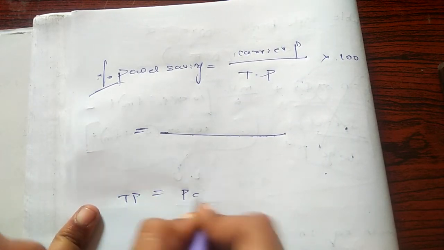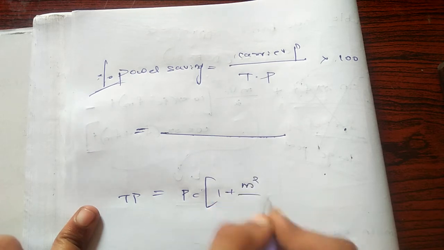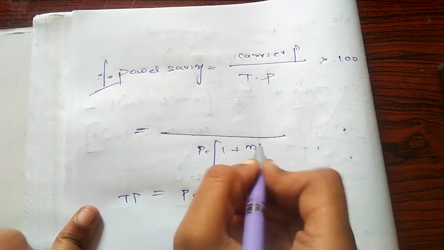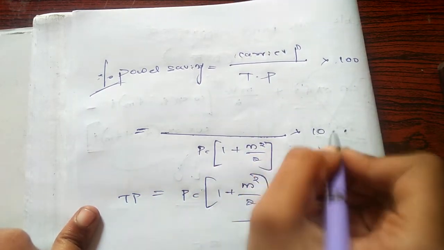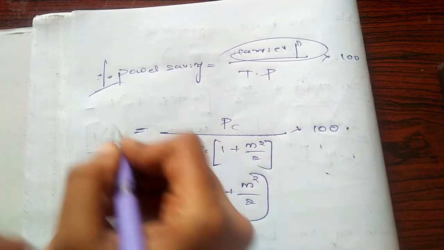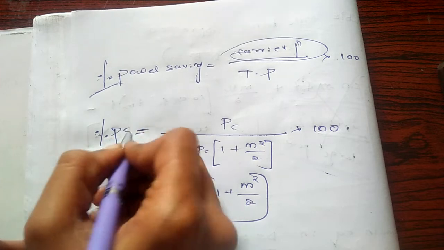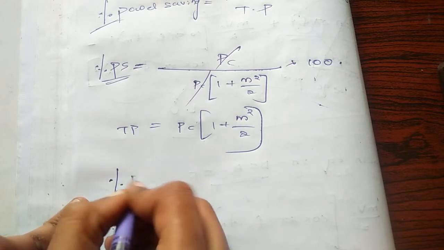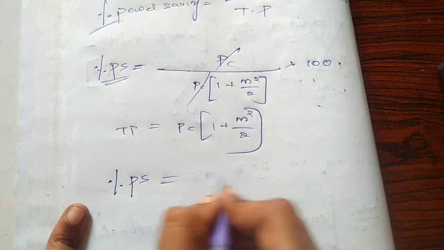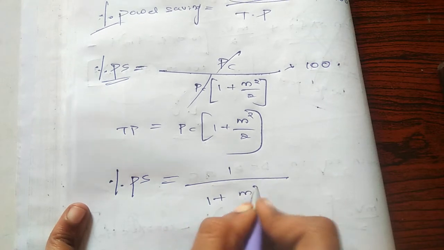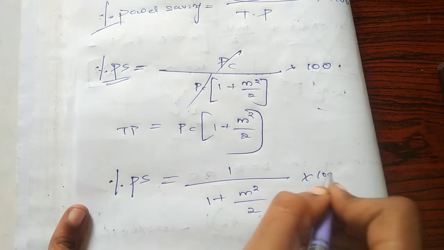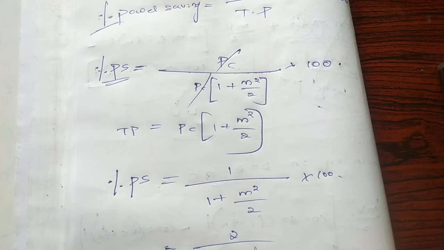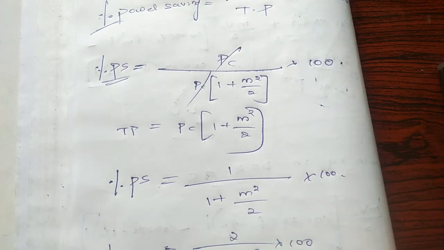Total power is Pc(1 + m²/2). Just write here, Pc over Pc(1 + m²/2) into 100. The carrier power is simply Pc. This is the percent of power saving. Just cancel Pc. Then the percentage power saving is 1 by (1 + m²/2) into 100. If you simplify that, you get 2 by (2 + m²) into 100 in terms of percentage power saving.